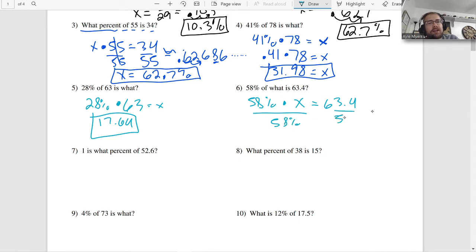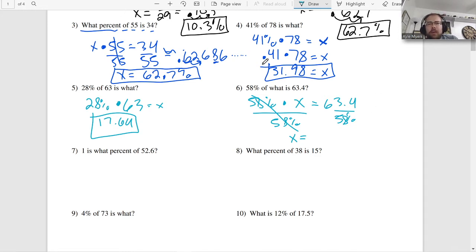And I'll show you that you can actually leave that percent alone at first and then get the answer afterwards. So if I do 63.4 divided by 0.58, which is 58% as a decimal, I get the answer right away, which is 109.